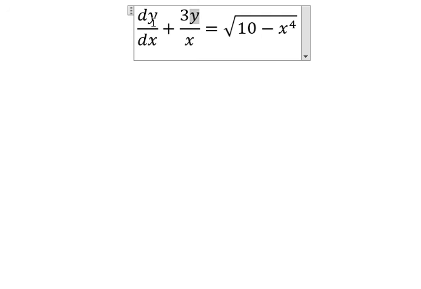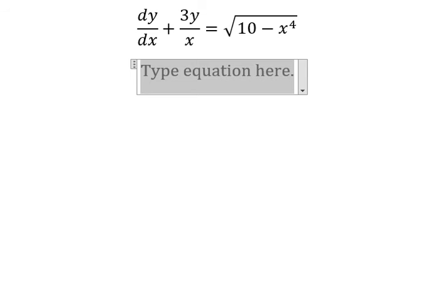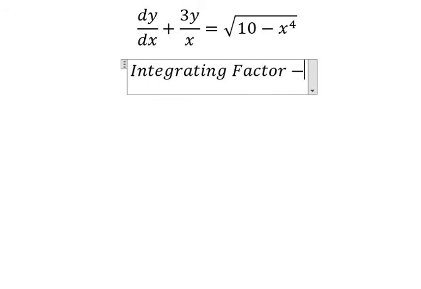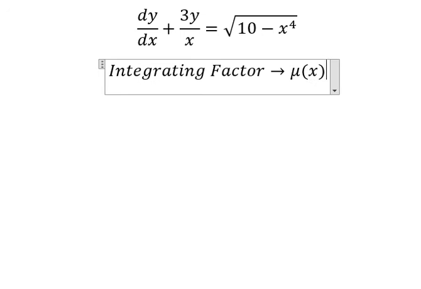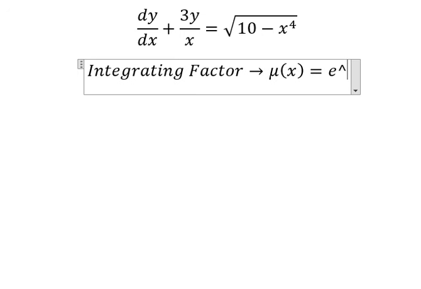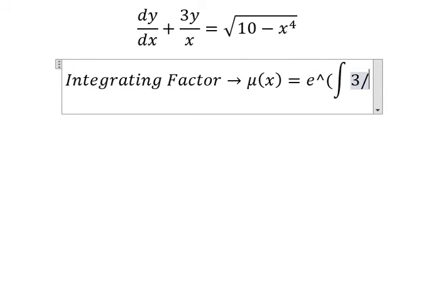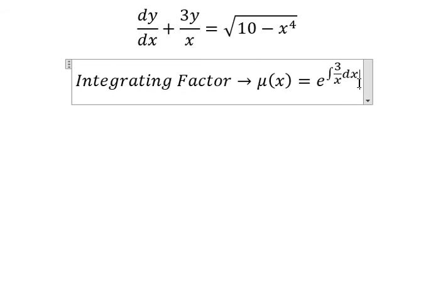We have y and the first derivative of y, so we can use the integrating factor. So we need to use mu of s equals e to the power of the integral of 3 over s ds.